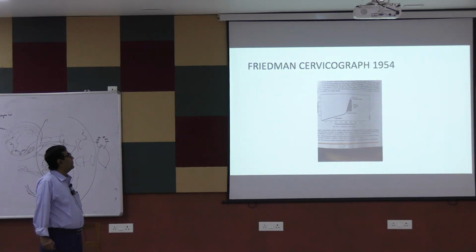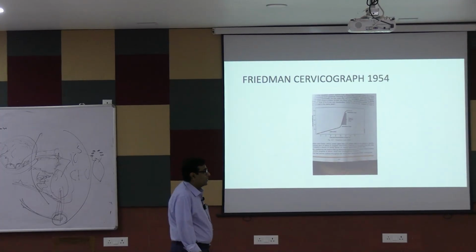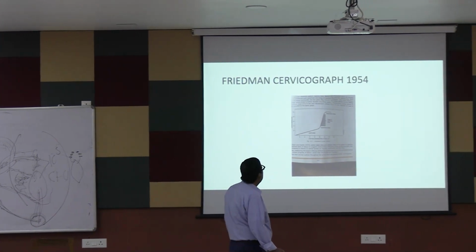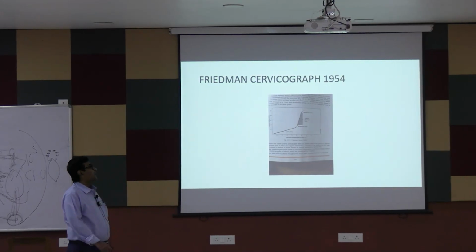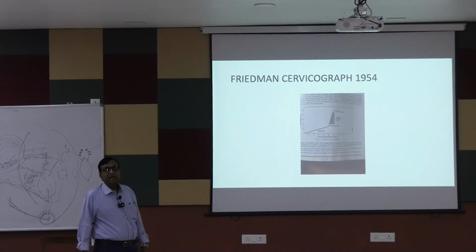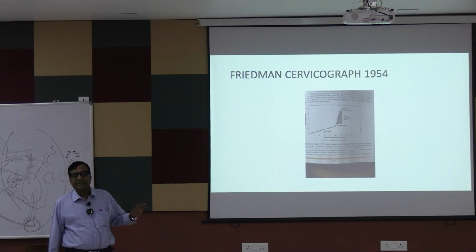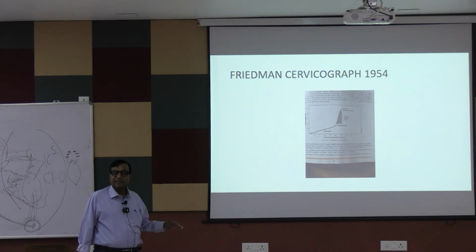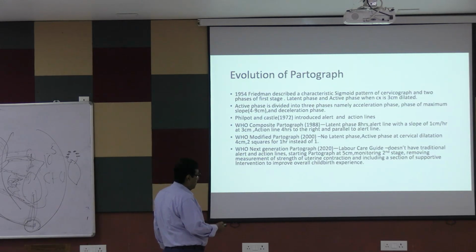In the year 1954, Friedman first depicted this cervicograph. As you all know, labor has two distinct phases: number one, latent phase, and number two, active phase.